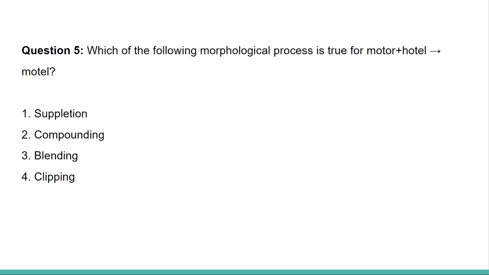Here ice is a word, cream is a word. We combine them to get the word ice cream. Some other examples would be bittersweet. Here bitter is a word, sweet is another word. We combine them to get bittersweet, which is an example of compounding.